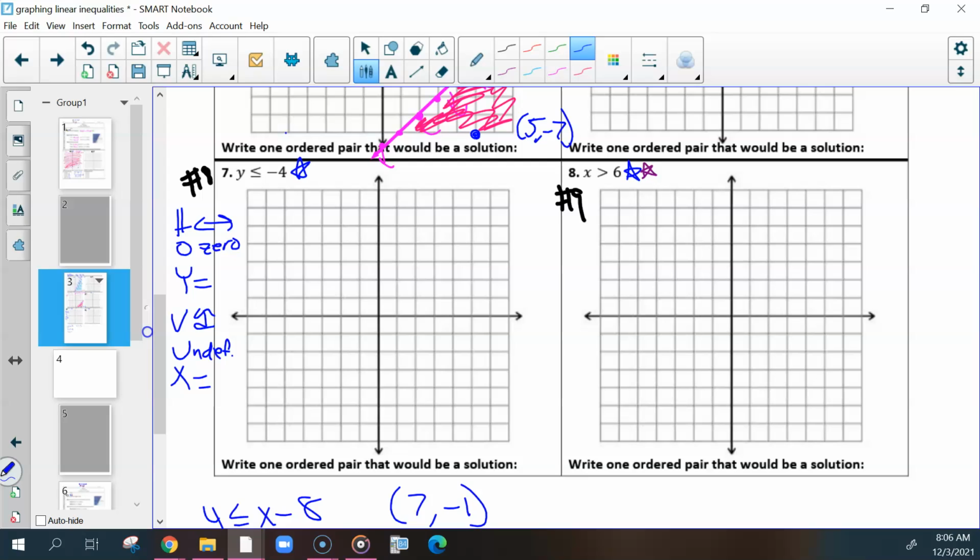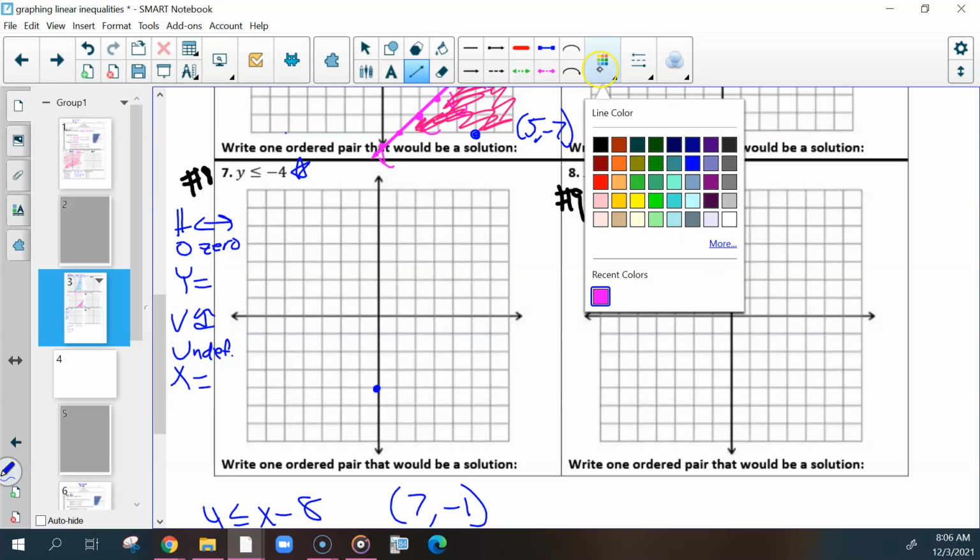So number 7 is going to be a horizontal or vertical line? Horizontal. At negative 4. I'm going to put a point at negative 4. Would this be a dash or a solid line? Solid. So I would draw a line all the way across. If it was dashed, I would just make it dash.